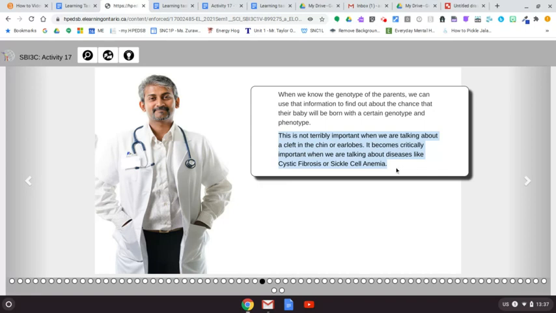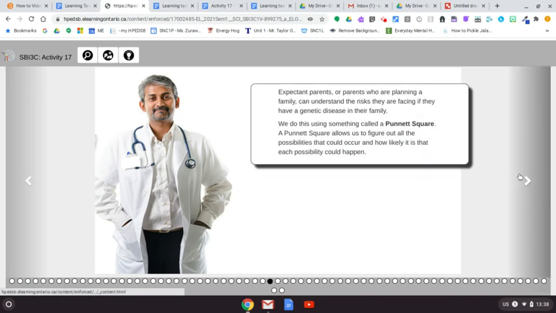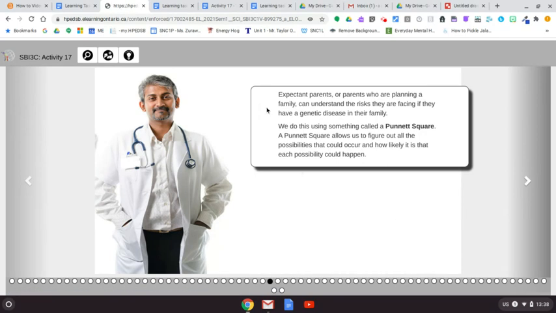But if you're talking about the likelihood of passing down something like cystic fibrosis or sickle cell anemia, or other blood-related disorders, anything like hemophilia, anything that could potentially cause distress for the baby, then it makes sense to be looking at those things. So expectant parents who are planning a family might want to understand the risk they have if there is that genetic trait in their family.